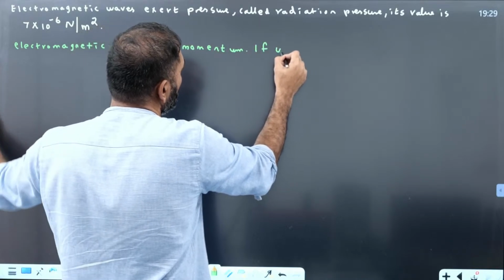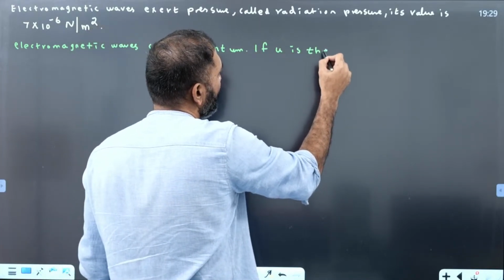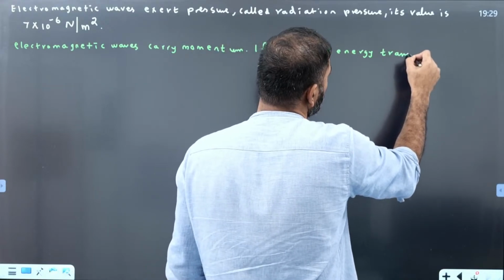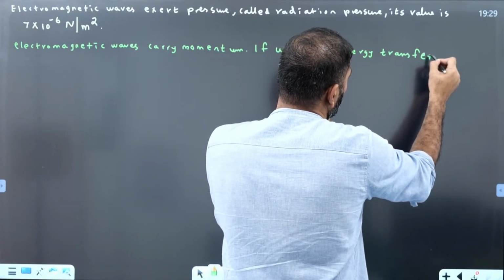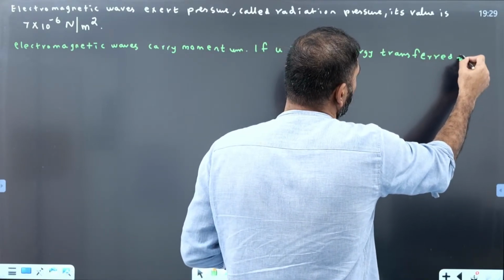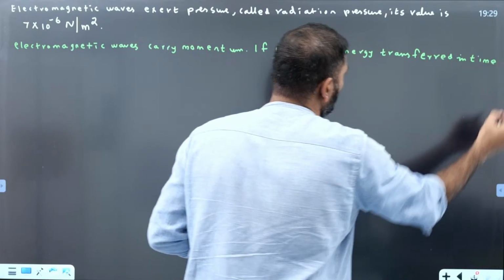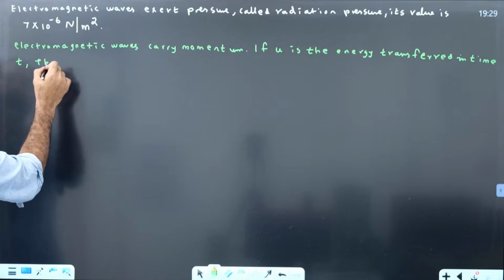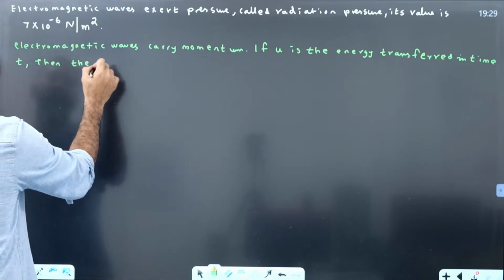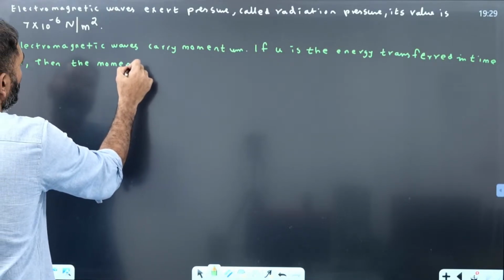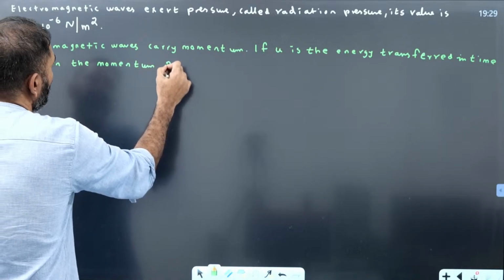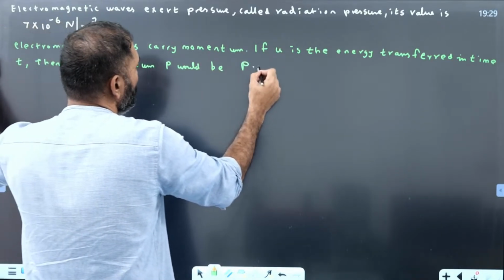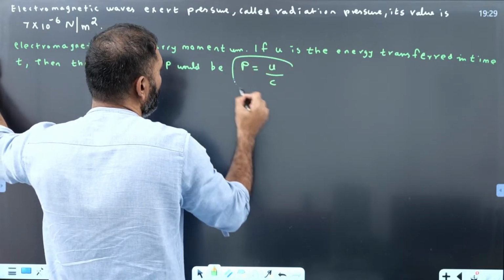If U is the energy transferred in time t, then the momentum P would be P equal to U by C.